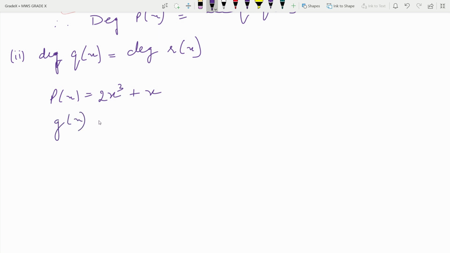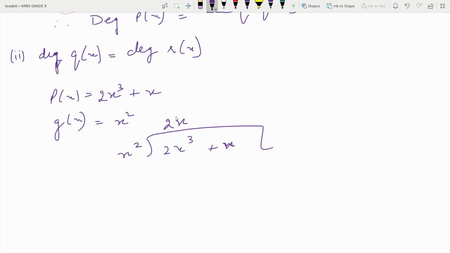Then I am taking x, I am dividing it by x. If you are dividing it by x, then we are dividing it by x square, it will be better. Dividing 2x cube plus x by x square, you need to think a little, then you can write 2x.